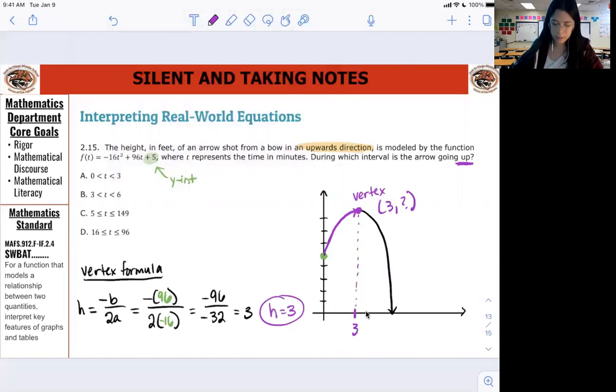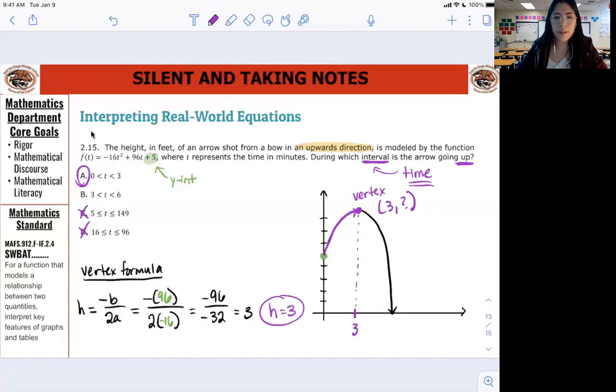0 to 3. Answer choice A. Remember that when it's asking about an interval, intervals always talk about time. So it can't be equal to because time does not stop. Yeah, you can't have an equal to sign, so it's not going to be C or D. But also, it was talking about when it's going up, so we know that it starts from 5 and goes up from there.